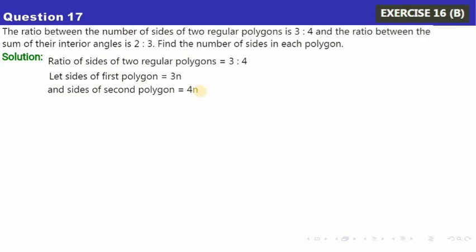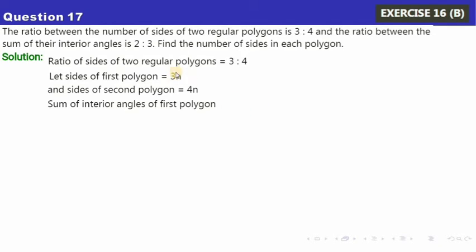Now you know for the first polygon the number of sides is 3n, and for the second polygon it is 4n. If you know the number of sides, can't we find their sum of interior angles? Yes. The sum of interior angles of the first polygon, remember the formula, is (n minus 2) into 180 degrees, where n stands for the number of sides.